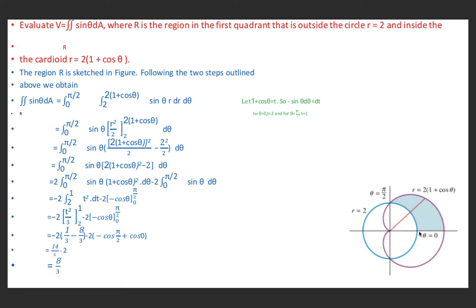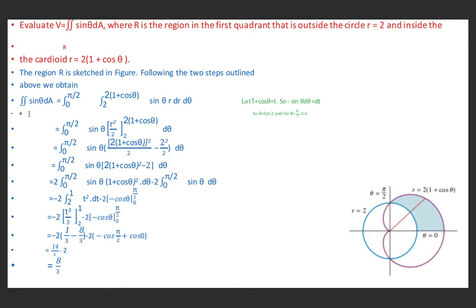So it intersects the line at theta equal to 0 and here at theta equal to pi by 2. So the theta limits are from 0 to pi by 2 and r limits are from 2 to 2 into 1 plus cos theta. This is the line theta equal to 0 and this is the line theta equal to pi by 2. The smallest angle is theta equal to 0 and the greatest angle is theta equal to pi by 2.